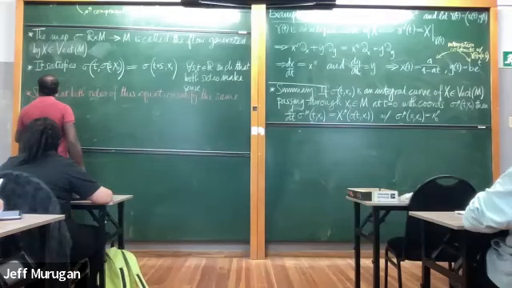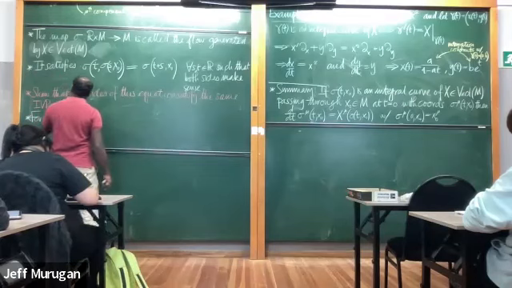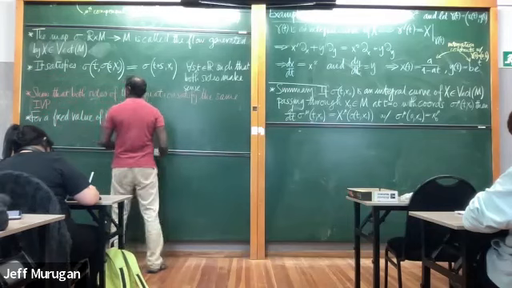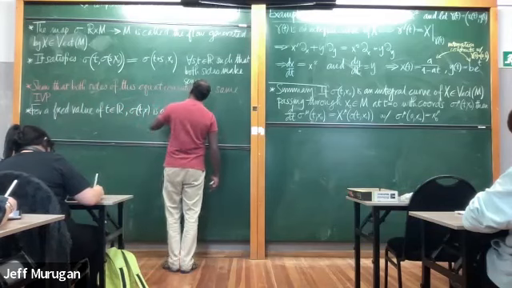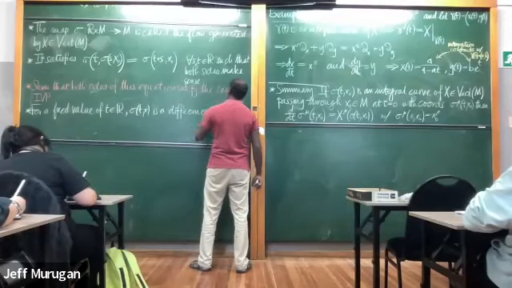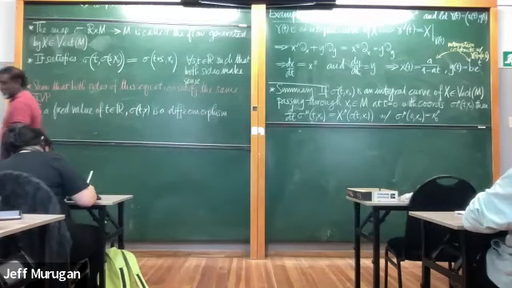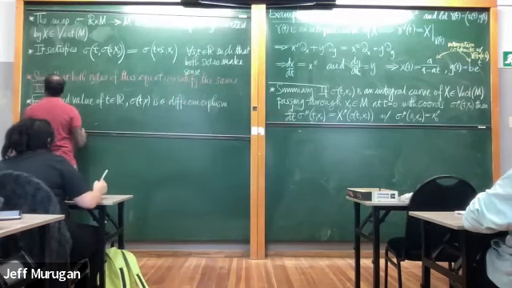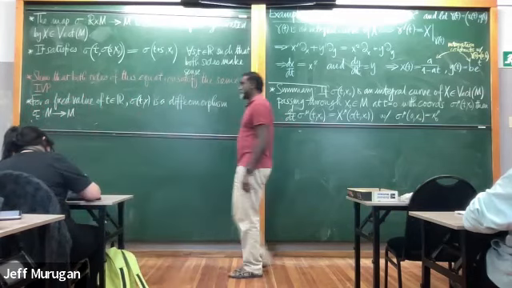So for a fixed value of t, sigma is a diffeomorphism, with t indicating the parameter.